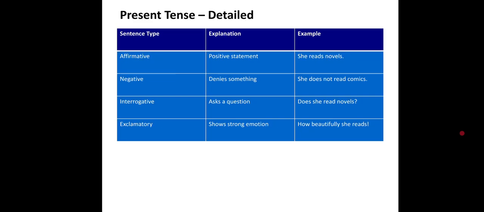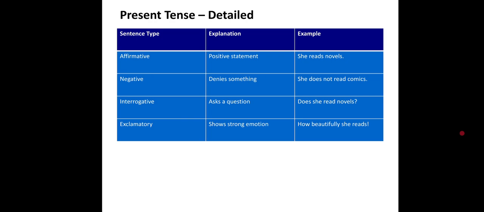There are four types of present tense sentences. First we have affirmative, second negative, then interrogative, and interrogative plus negative. Affirmative is a positive statement. For example, she reads novels. In case of negative, we are denying something.